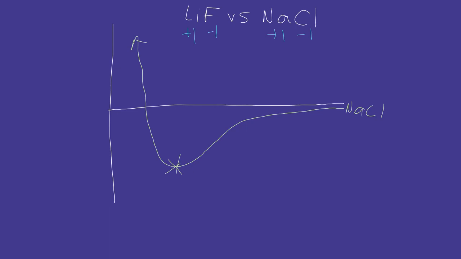LiF, both of these are going to be smaller ions as they both have one less shell. So Li has one less shell than Na, and F has one less shell than Cl. So if these are smaller, that is also going to make for a stronger ionic IMF.